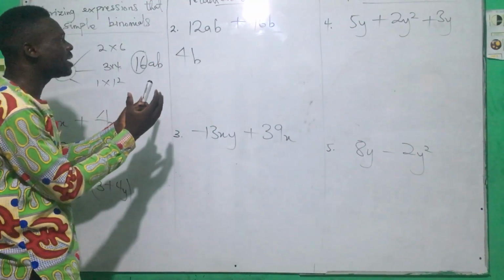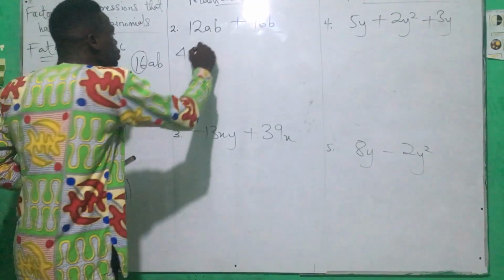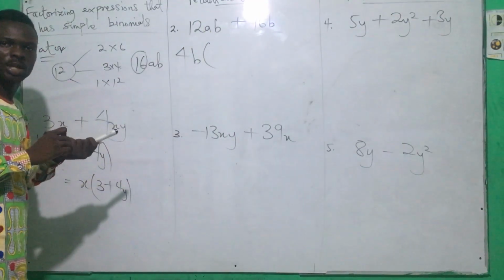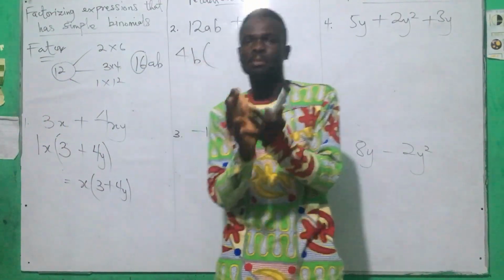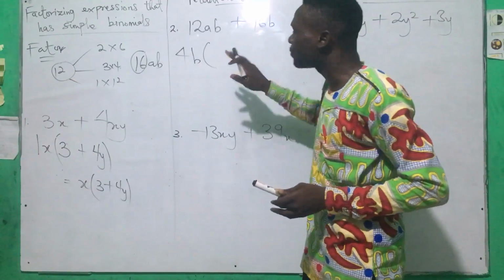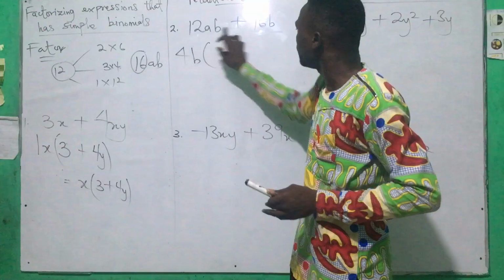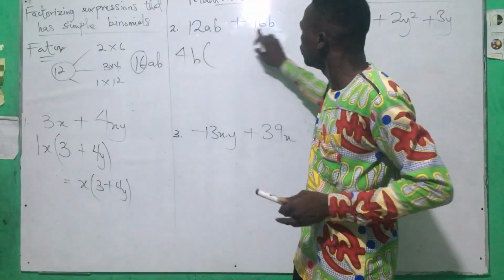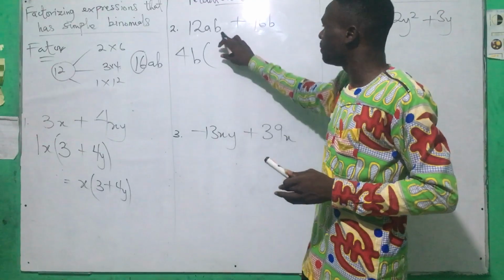Now that you have factorized the whole number and the variable, you introduce a bracket, because factorization is putting the expression in a bracket. Looking at the coefficients, the highest factor is 4, so we have factored the 4 out. Now we also do so for the variables: factor the common variable out, which is b.